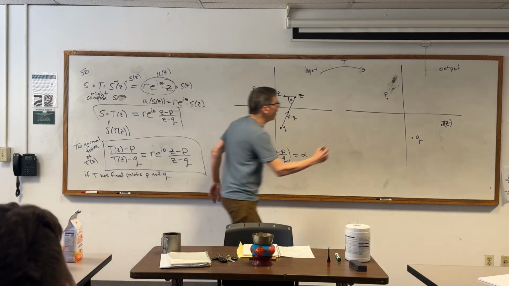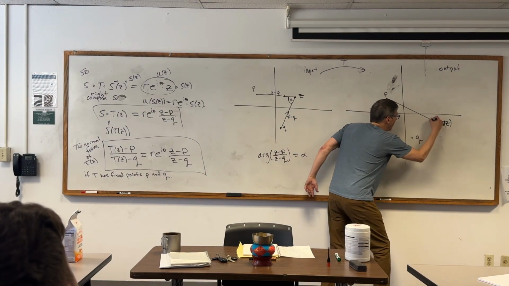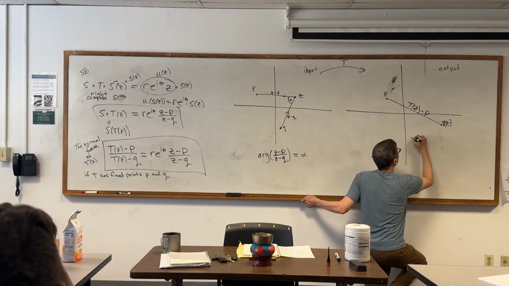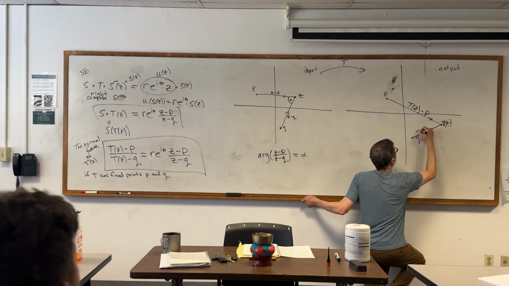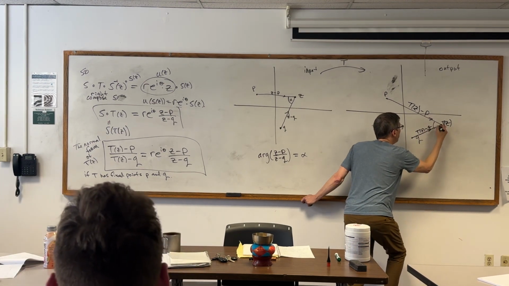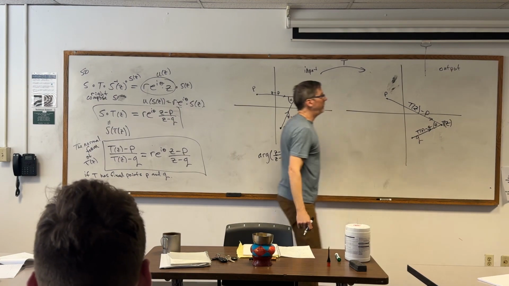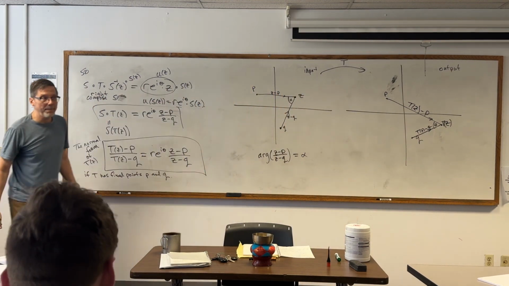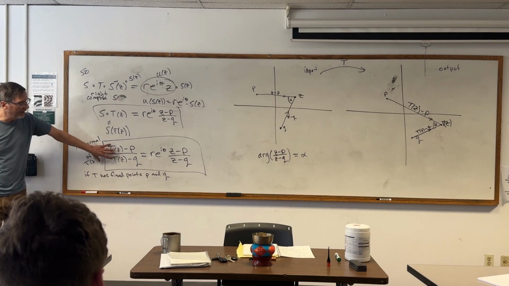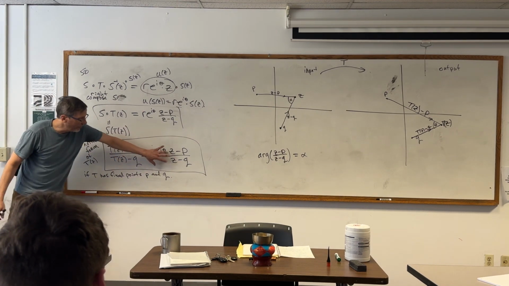So now over here, I've got T of Z minus P, and then I've got this vector, T of Z minus Q. And I've got some new angle between those two. So this is the left-hand side that I just drew. Here's the right-hand side.